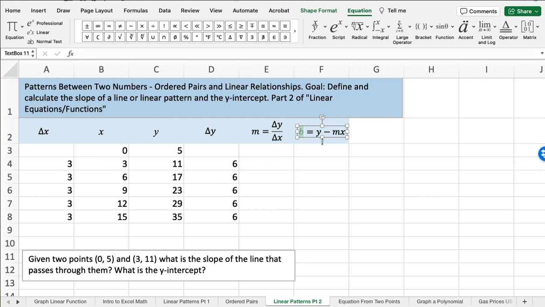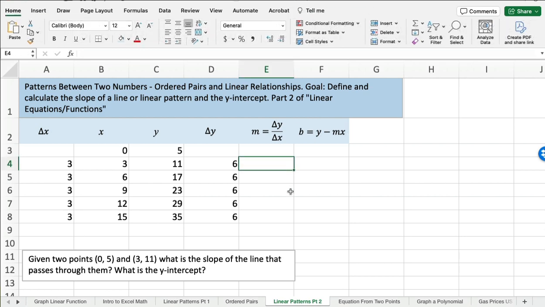In the heading, we can see exactly how we're going to calculate those. We're just going to use our cells in the spreadsheet, dividing for the slope, and for the y-intercept, we take our y value and subtract the slope times x. You'll see how that's set up as well.